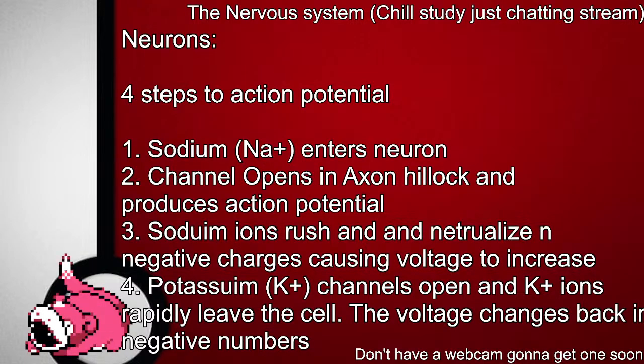Okay, I think I'll just go. Actually, let's see right here. So sodium inflow at the node generates an action potential. Positive charge flows rapidly along the axon and depolarizes the membrane. The signal grows weaker with distance.